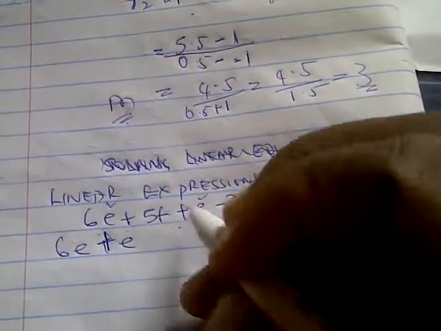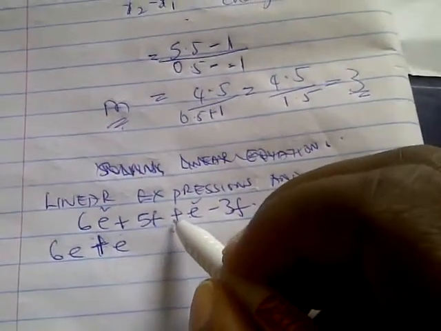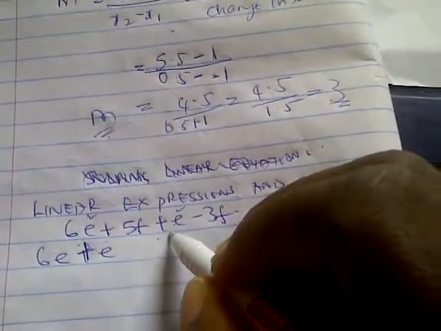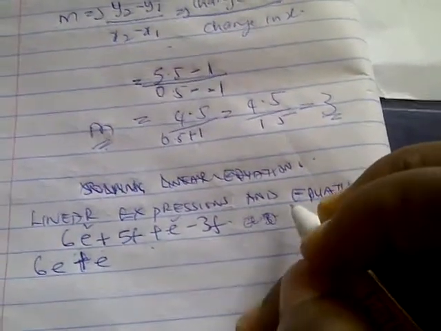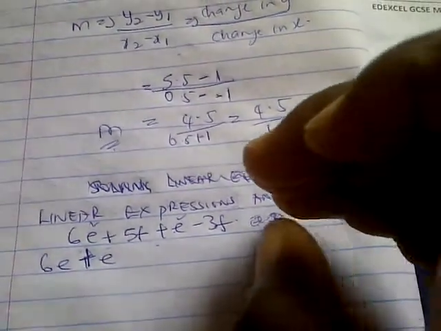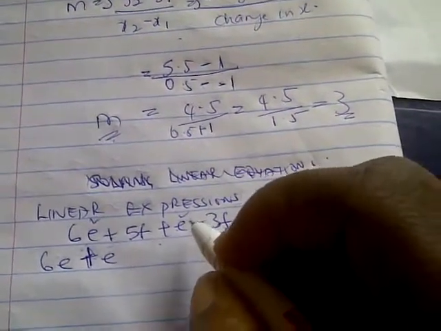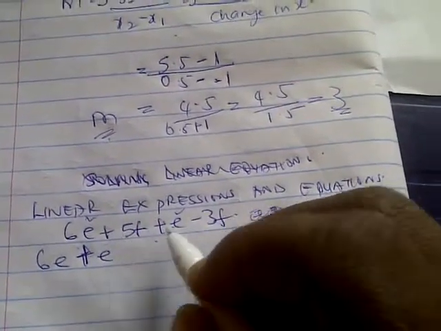You could make small marks on the ones you are picking so you won't get confused, because some expressions can have 6e plus 5f plus e minus 3f plus 10f plus, just like that. They become so many, and if you're not making little marks on the ones you've picked, you might get confused. Now 6e plus e.